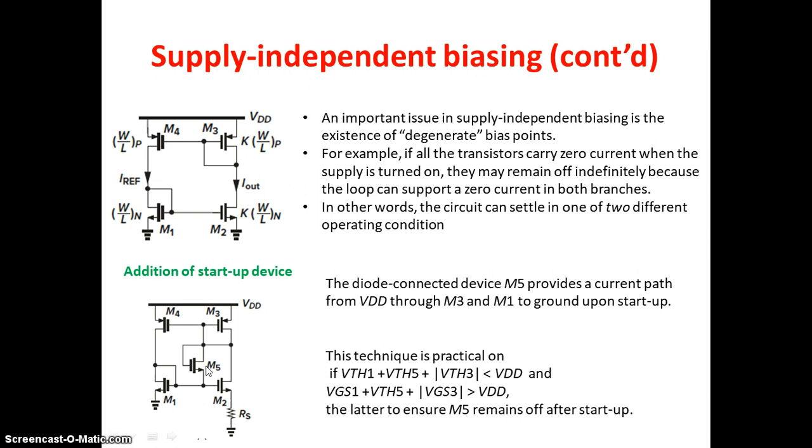By connecting a resistor, we had a dependence on the supply voltage. In order to overcome that problem, we tried to get some mirror reflection from the output to I reference. That is nothing but I out to I reference, which was done through a PMOS current mirroring.